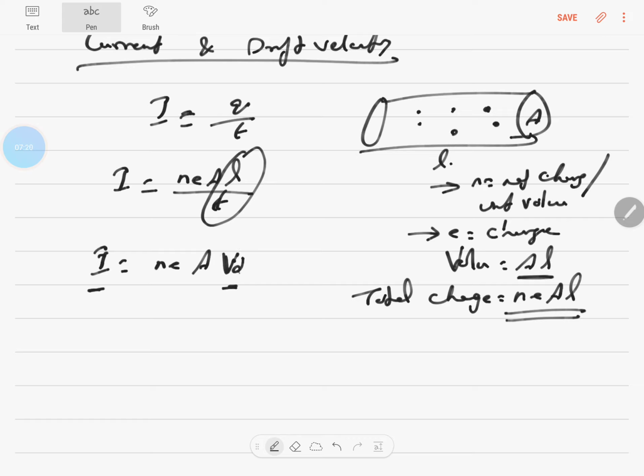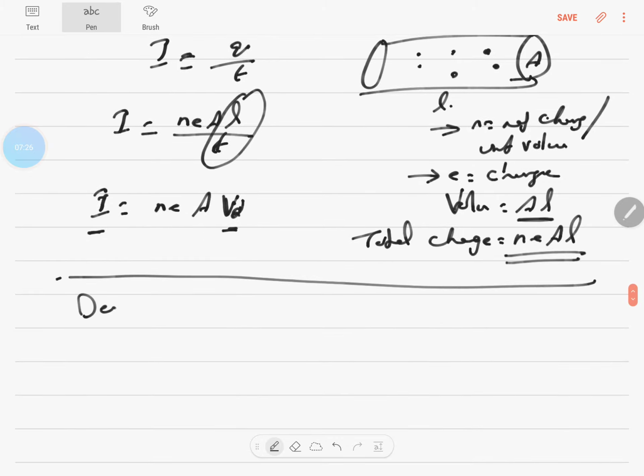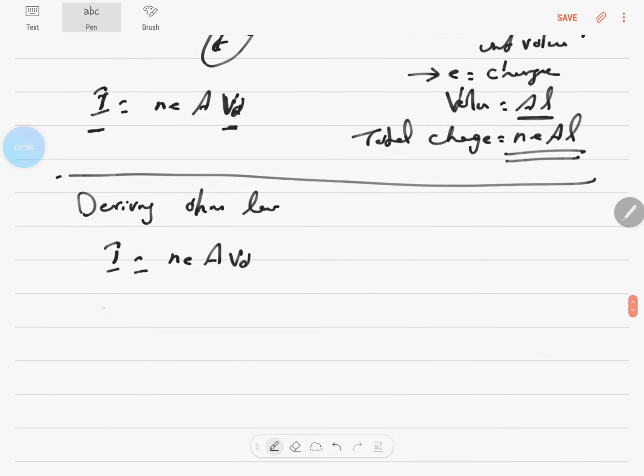This is suffix d, okay. Now I'm going to derive Ohm's law from the above. So you know I is equal to nAe drift velocity, and instead of drift velocity I can substitute capital E into small e by m into relaxation time.